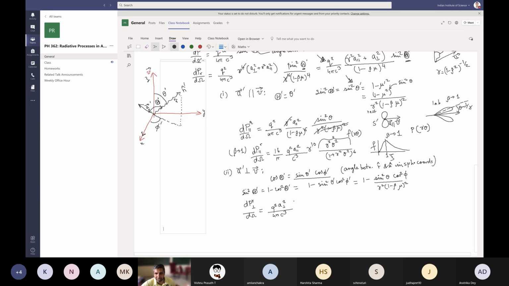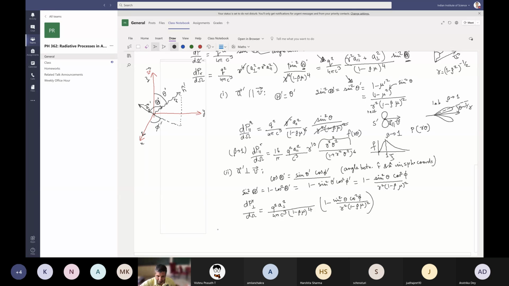Times, now a parallel is 0, a perp is not 0, so 1 minus beta mu to the 4, and now the sine squared theta prime, which is 1 minus sine squared theta cos squared phi by gamma squared (1 minus beta mu) whole squared. Okay, so this is your formula.